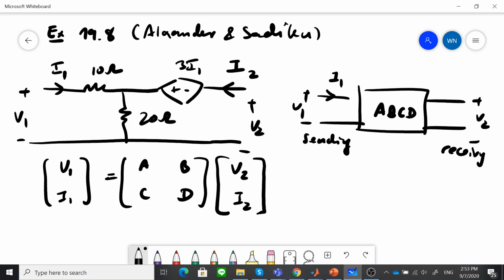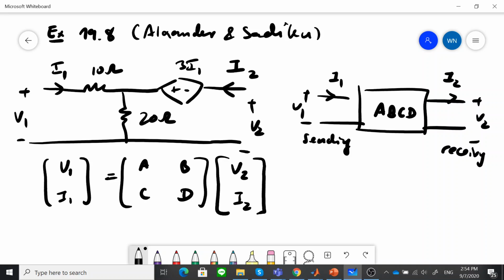So the current just flows from source to load. But the I2 given in the picture is pointing into the port here, so I2 is the negative of this one.